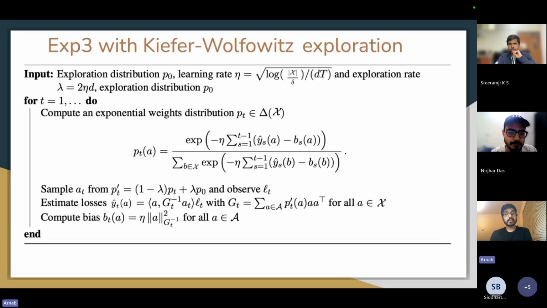Say if you didn't have these bias terms, then recently there have been some papers where they show how to efficiently implement this exponential weights over some combinatorial sets, but that requires this part to be a linear function.